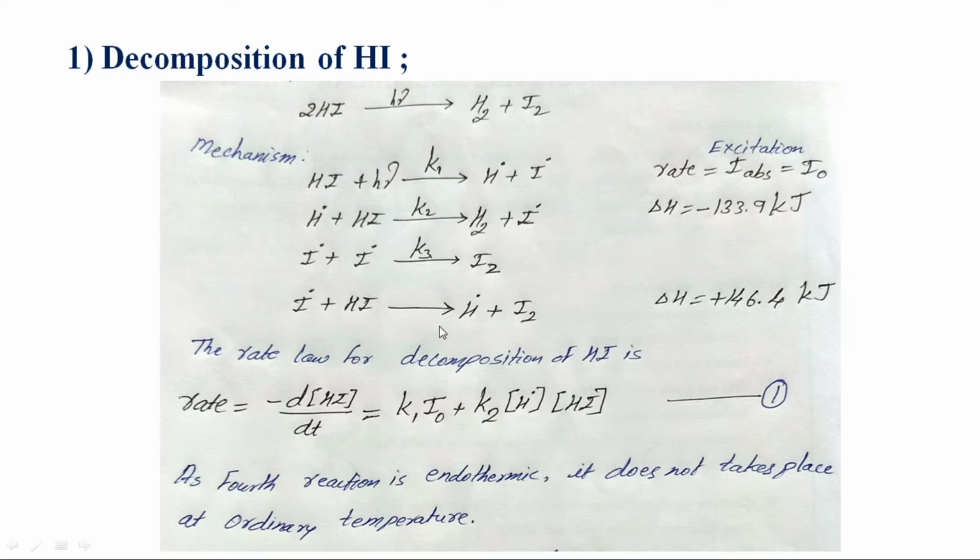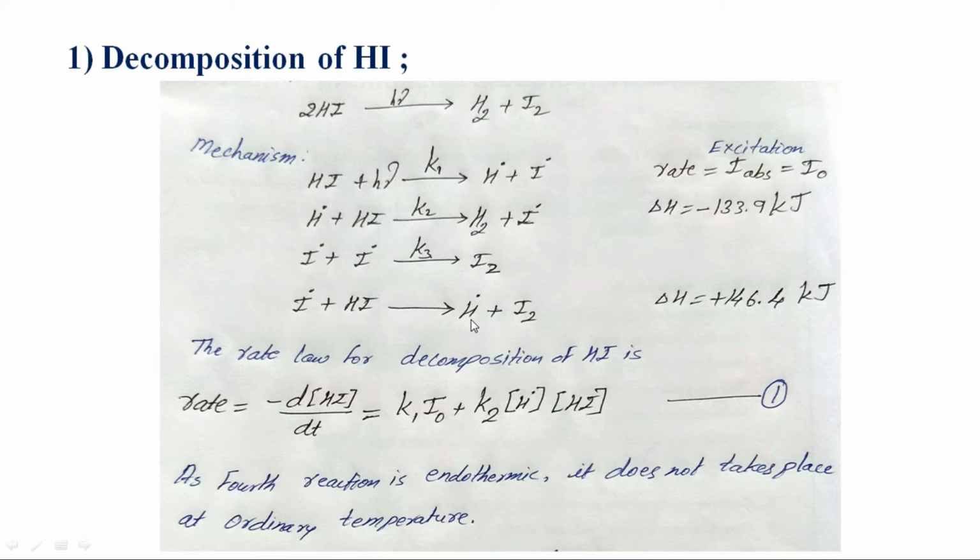But this particular process is non-spontaneous because delta H in this particular process is positive, that is the reaction is endothermic in nature. Generally we do not consider such reactions because of their less feasibility.